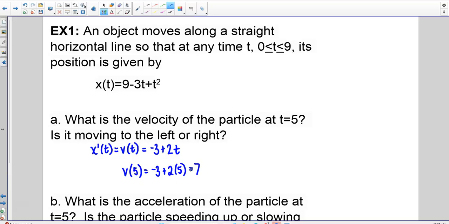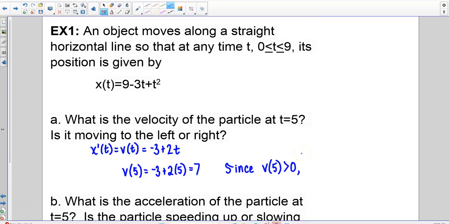There's our velocity. We need to know if the particle is moving to the left or the right. Left is your negative direction, right is your positive direction, right? So in this case, since v of 5 is greater than 0, or is positive, that means our position is increasing.